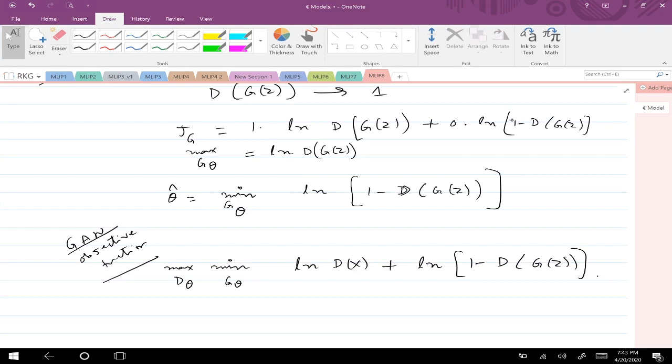But if we have more and more samples, there will be an expectation: x is taken from the real data distribution p of x, and z comes from the model of Z. Let me write this a little more clearly.